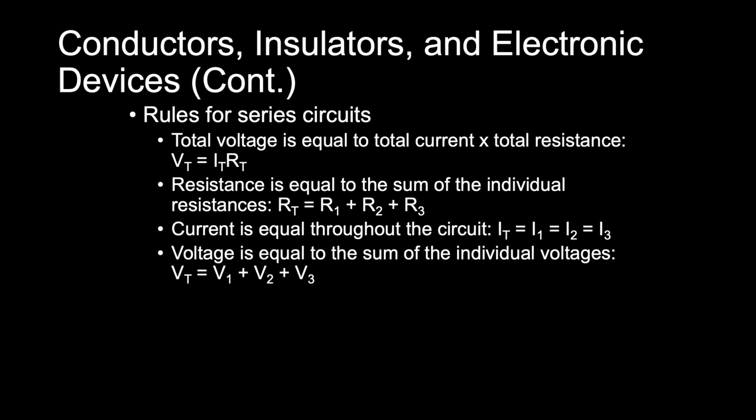Total voltage is equal to total current times total resistance, which would be the formula VT equals ITRT, which means the total voltage equals the total current times the total resistance.